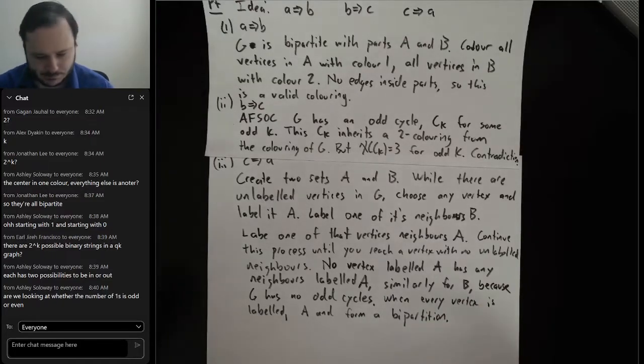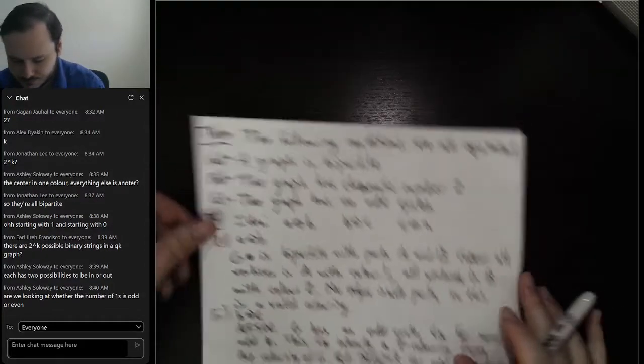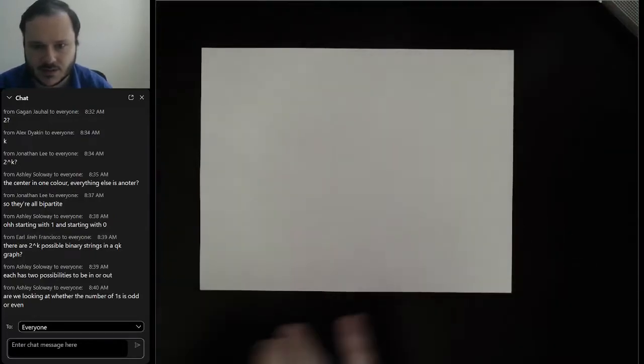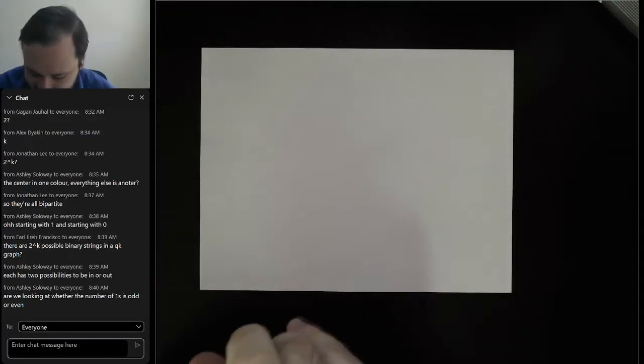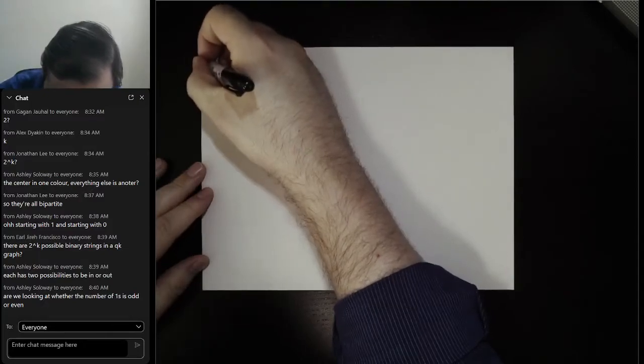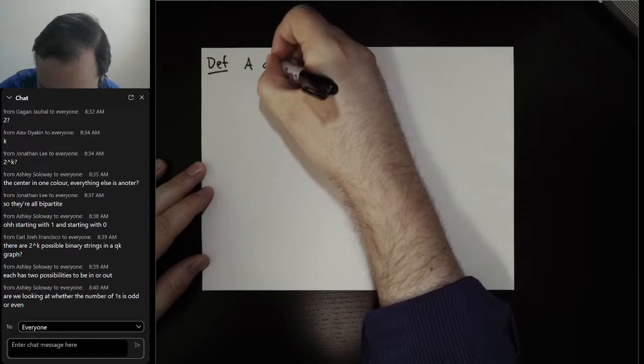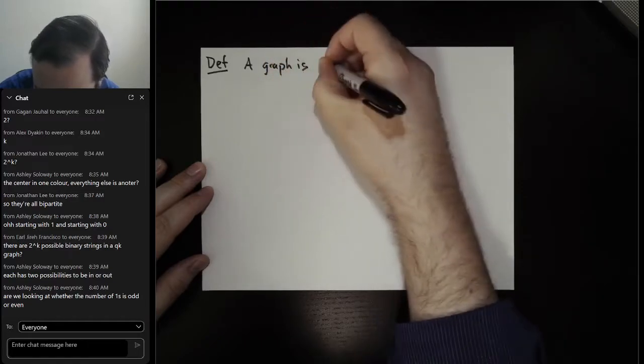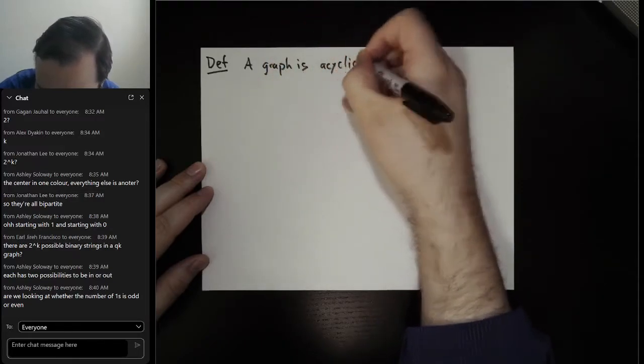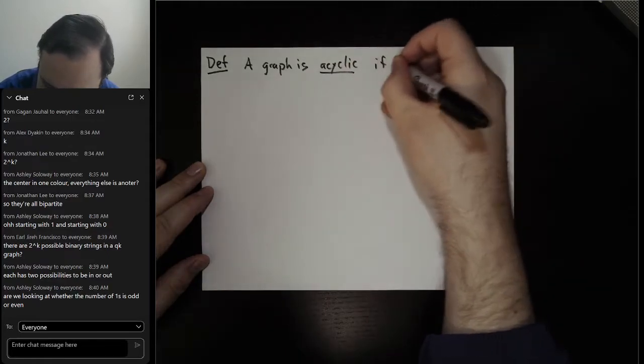Okay. I want to talk about another type of graph. So a graph is acyclic if it contains no cycles.